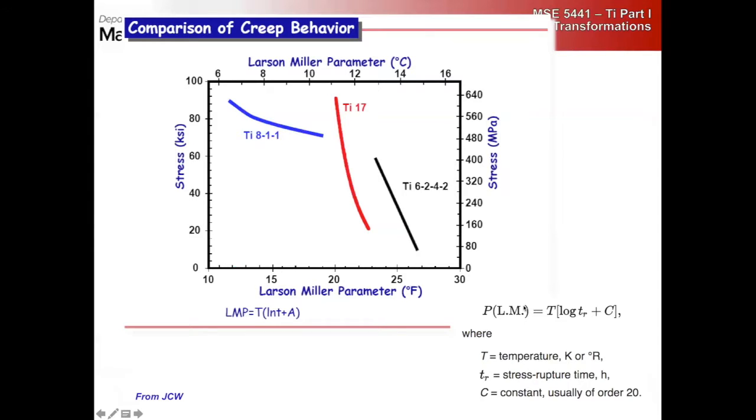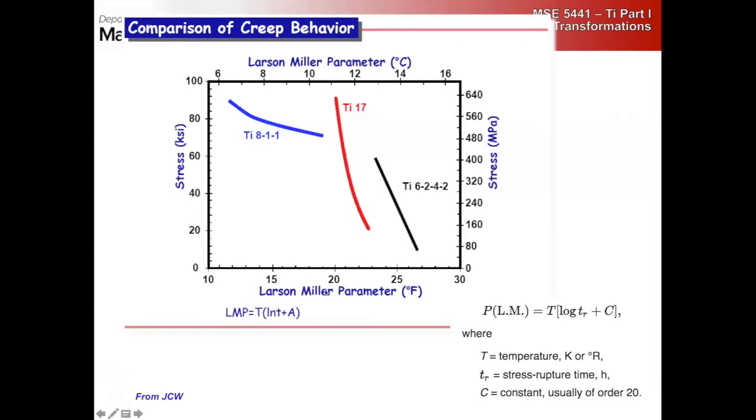So if I have a given hold stress, I can look at the time to rupture at various different temperatures, and this relationship all comes out to be a constant. So it's a way of, if I have creep data at one temperature, to figure out what my service life is going to be for other temperatures given the same stress.